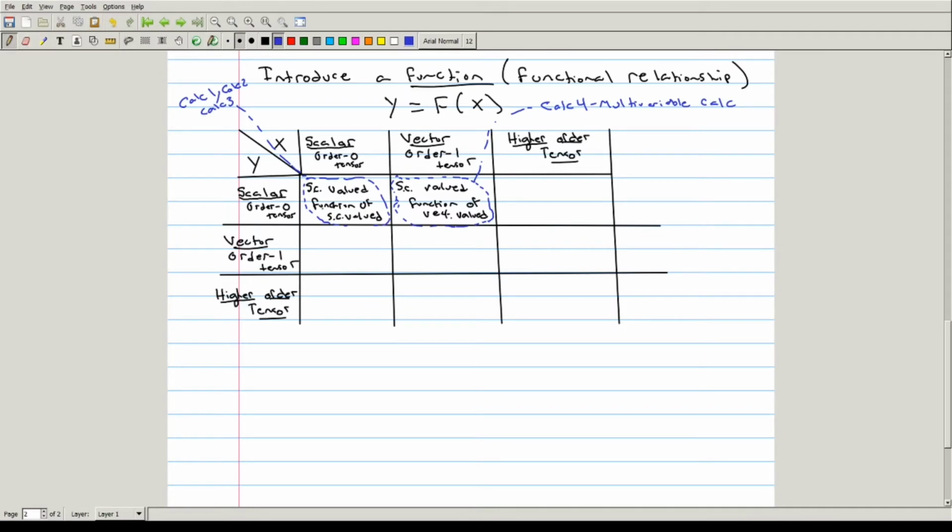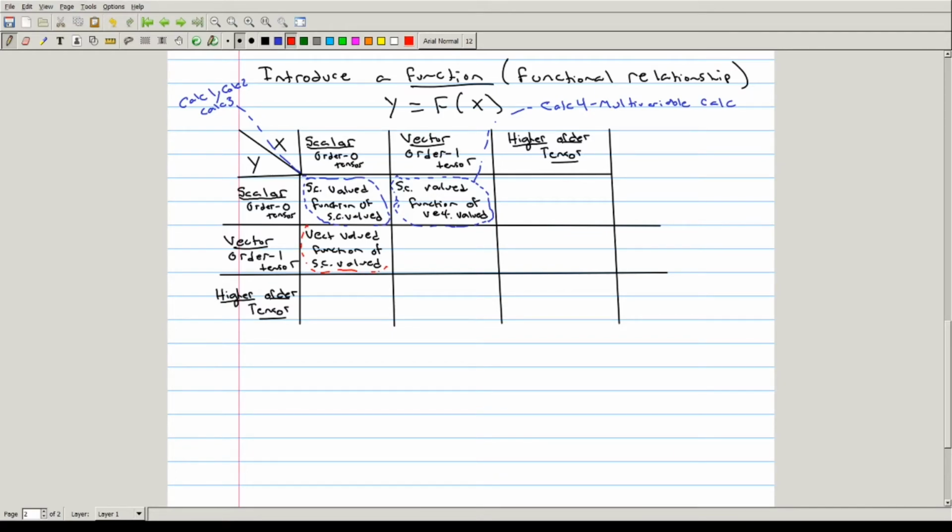For a vector valued function of a scalar valued variable, this is what we call a parametric curve.